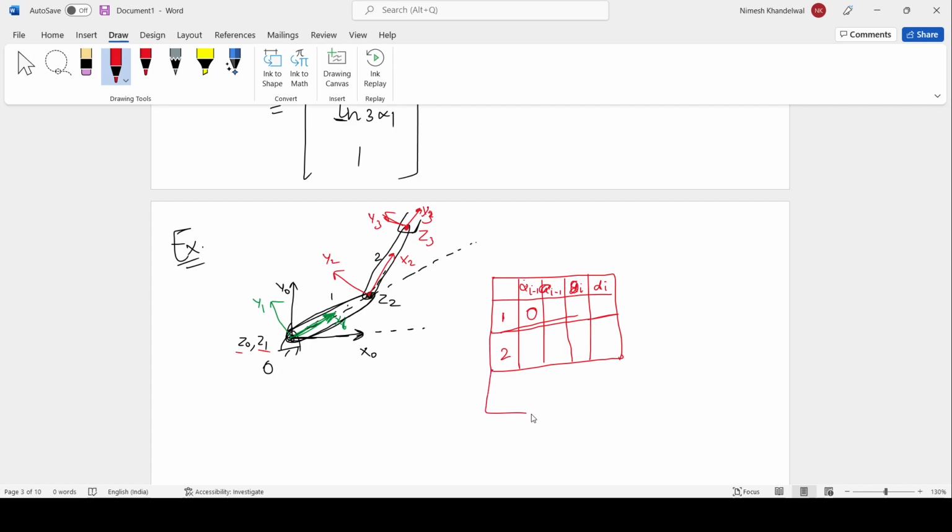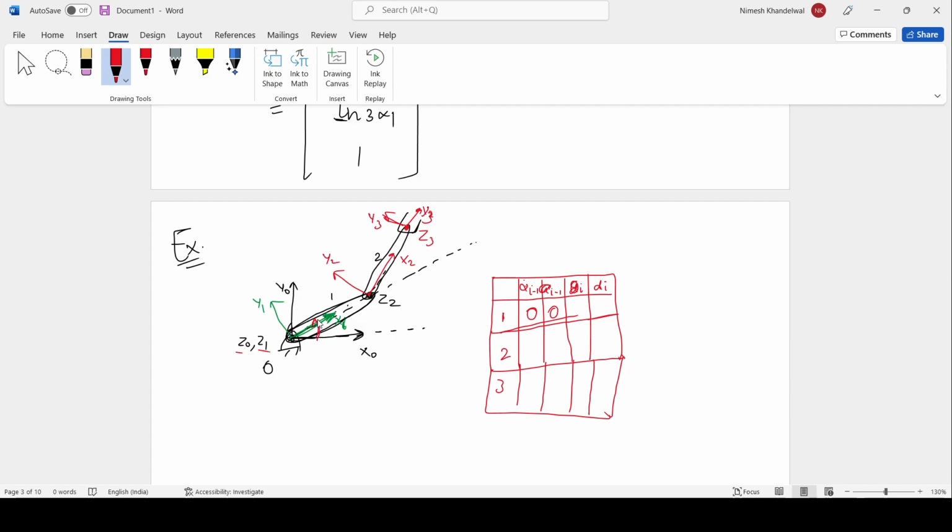Since we have assigned the third frame also, we need to include it in the DH table. a0 is the displacement or the distance between z0 and z1. This is also 0 here. Then we have theta 1, the angular displacement between x0 and x1.